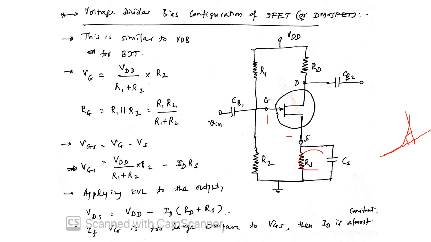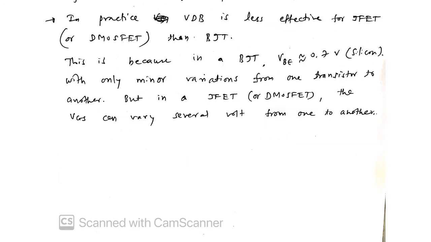But with this combination, for a given ID, if you change the transistor, VGS may not be the same, it may be somewhat less or more. In that case, there are chances that the Q point with the previous values of RS and R1, R2 may get highly differed. So this is not the most suitable configuration for JFET or depletion MOSFET.